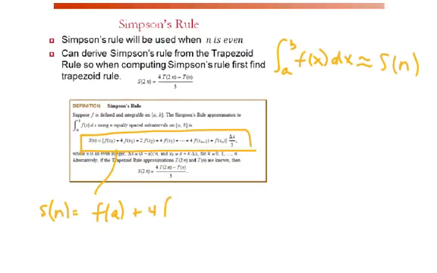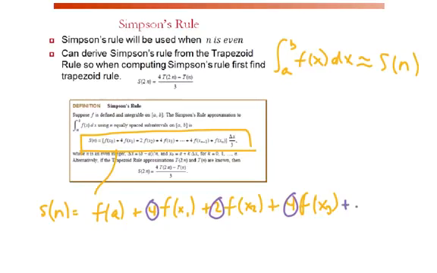And then it's f of x1 plus 2, f of x2 plus 4. And you're going to see an alternation between these coefficients. So these coefficients are going to alternate 4, 2, 4, 2, on out. And that entire quantity is going to be multiplied by delta x over 3. So that's Simpson's rule.